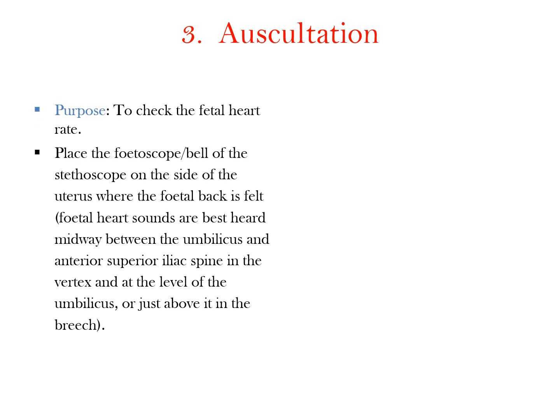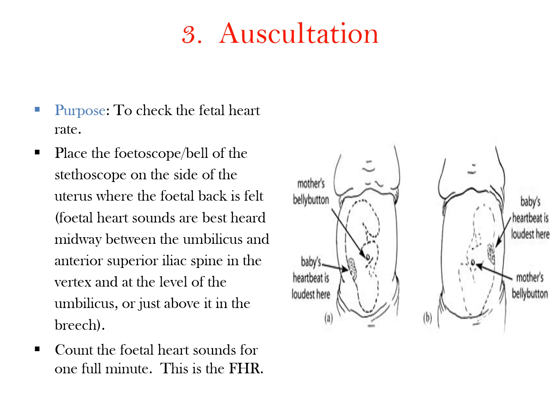Now auscultation. We learned about inspection, we learned about palpation, and now auscultation. The purpose of doing auscultation is to check the fetal heart rate. So how do you do it? We need to place the stethoscope, or the bell of the stethoscope, on the side of the uterus where the fetal back or the spine is felt.